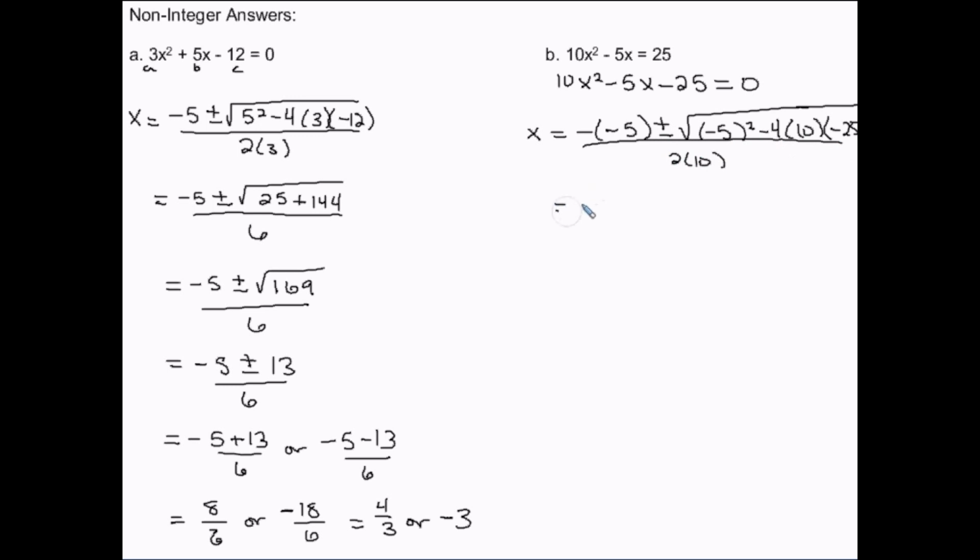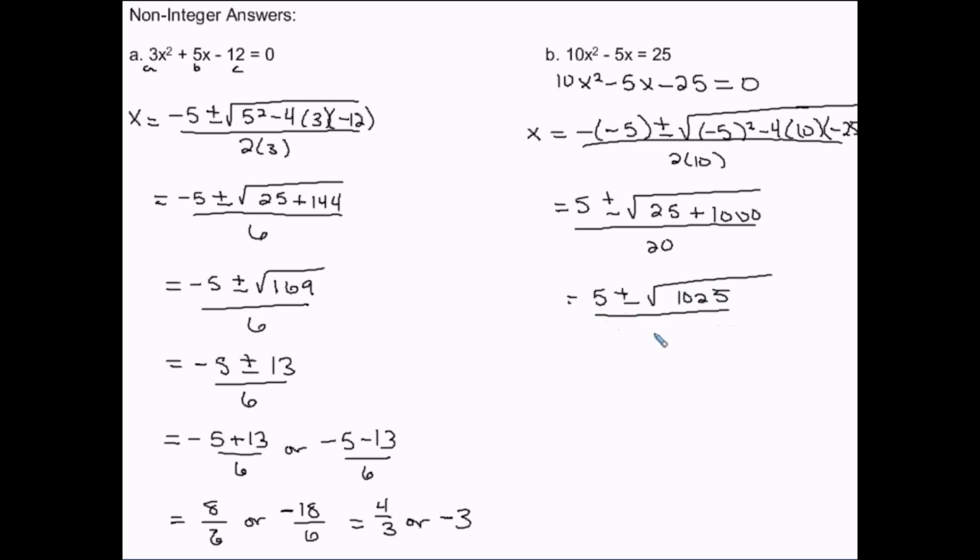So I get negative of a negative is a positive. So positive 5 plus or minus the square root of 25 plus 4 times 25 is 100 times 10, so that's 1,000, divided by 20. So 1025 divided by 20.